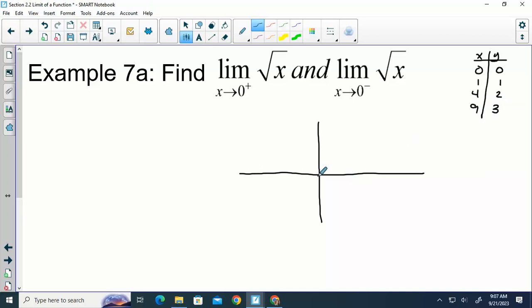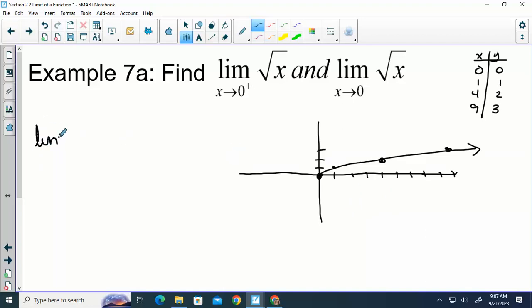So let's try this: 0, 0. There's my square root graph.